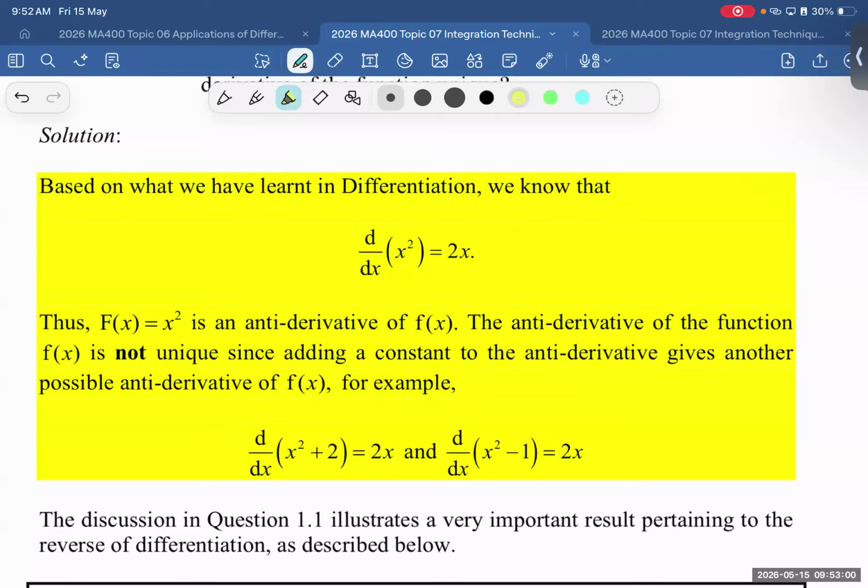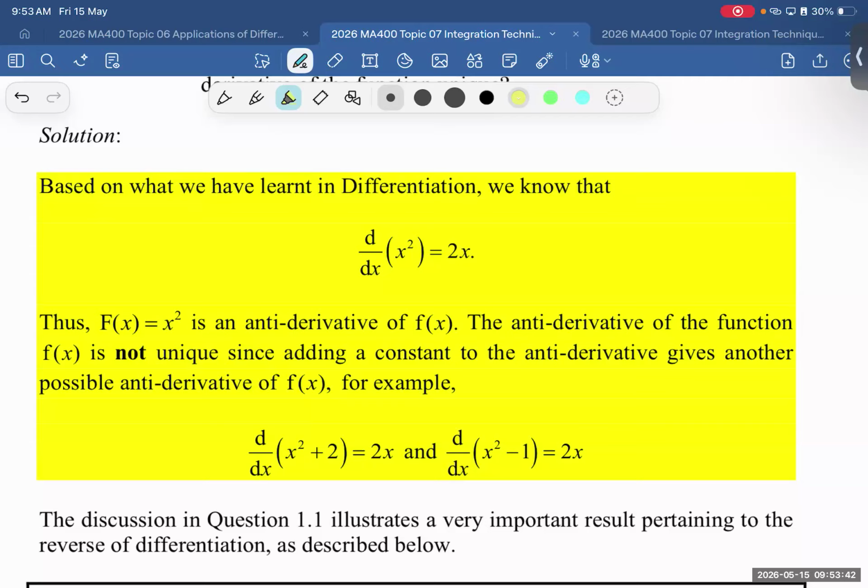You know that when you differentiate a constant, you get zero.